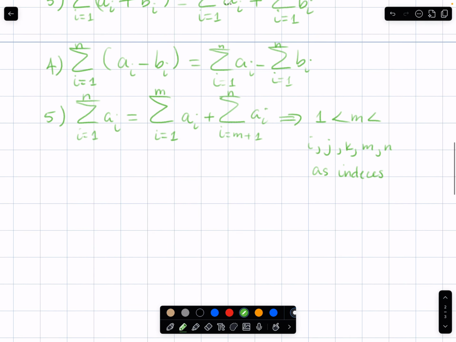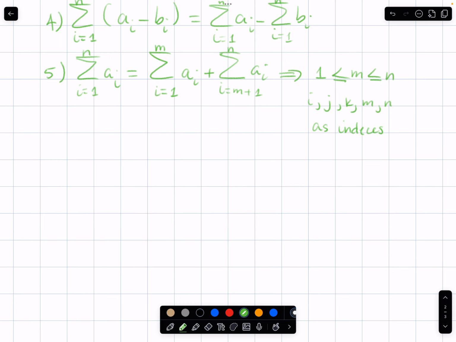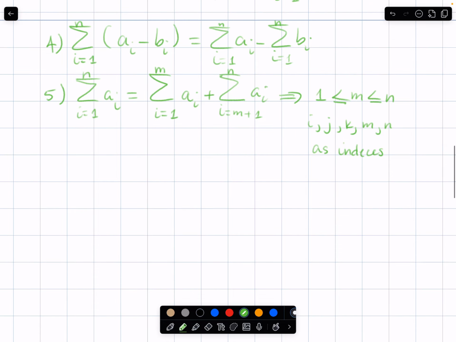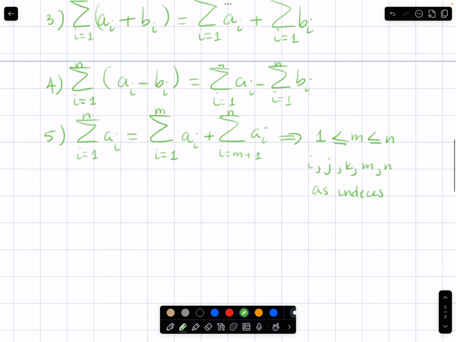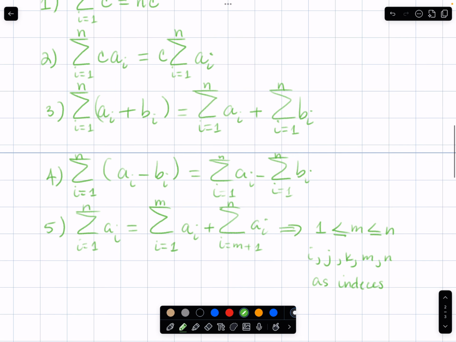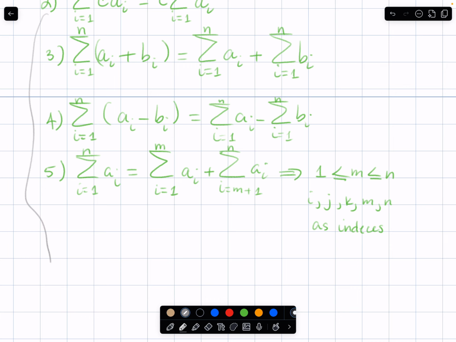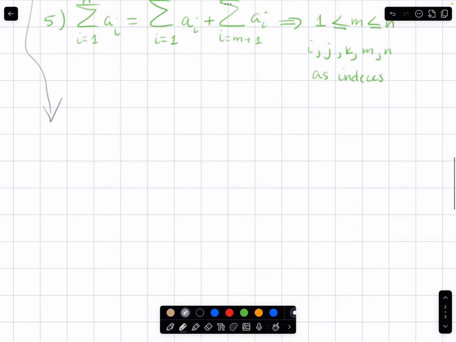And usually m is between, 1 is less than or equal to m, and then less than or equal to n. So you are using that one. Maybe so that you understand what I'm talking about, we can do some proofing. Maybe we can do 1 or 2. Let's just do the proof of the second one. Maybe you understand what I'm saying.